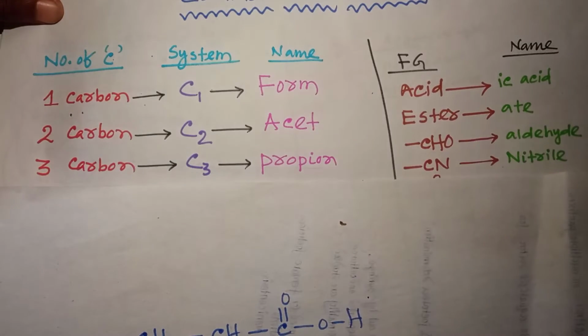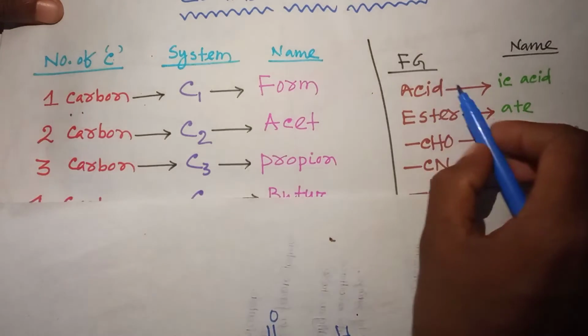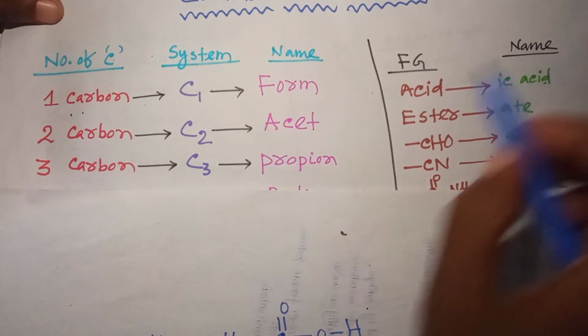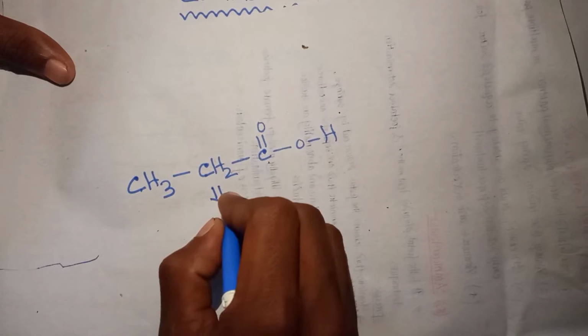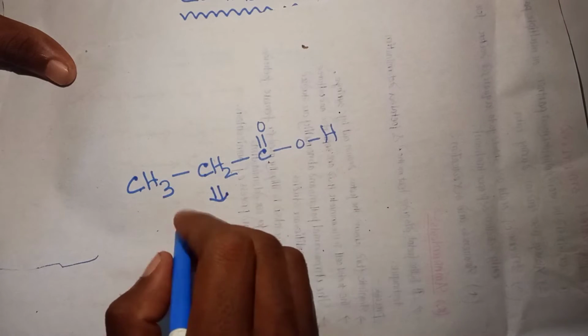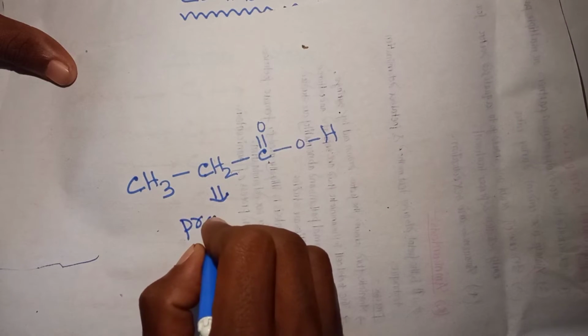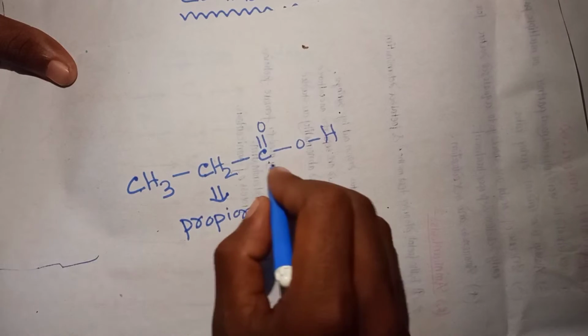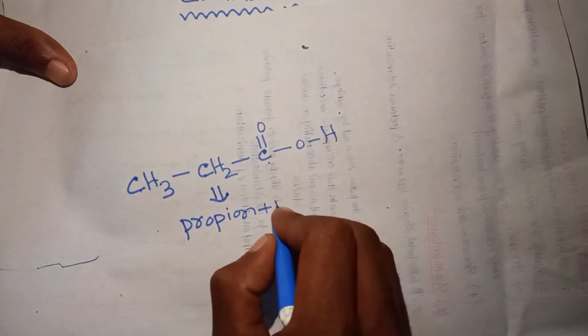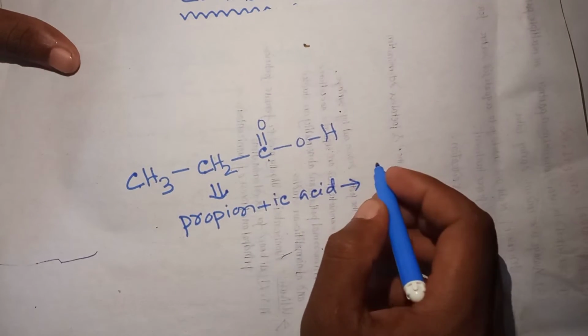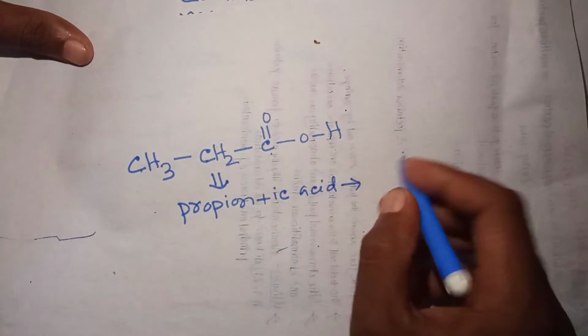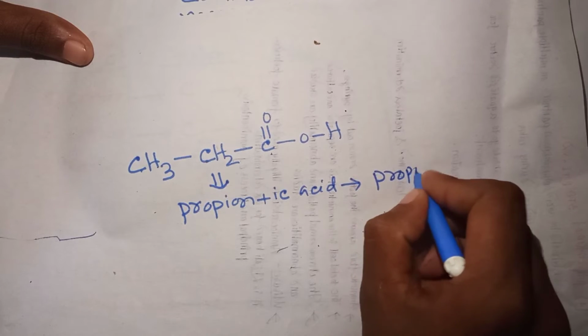Since it is an acid group, for the acid we use the suffix ic acid. So the final common name will be propion plus ic acid, which is propionic acid.